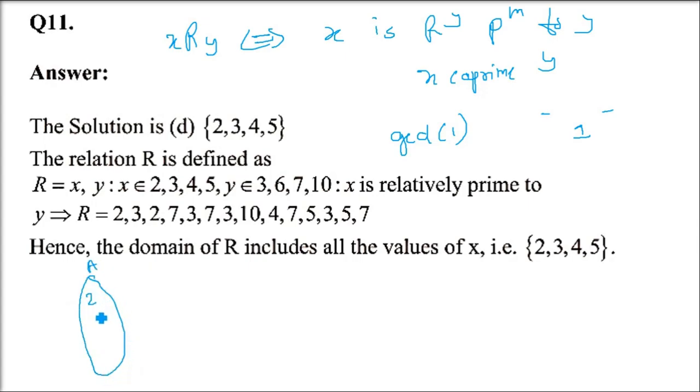Let me write it here. The first set is 2, 3, 4, 5. The second set, set B, is 3, 6, 7, 10. Now x and y have to be relatively prime, so you have to choose only those values.